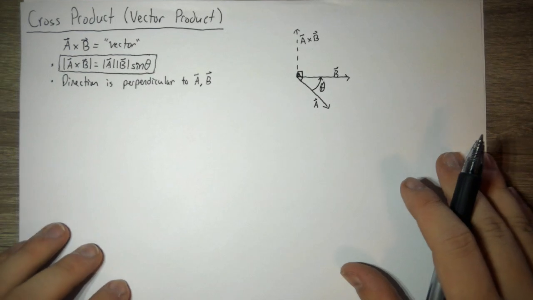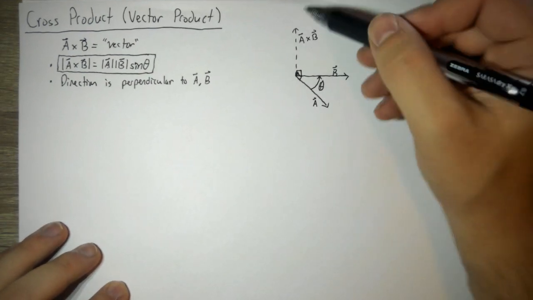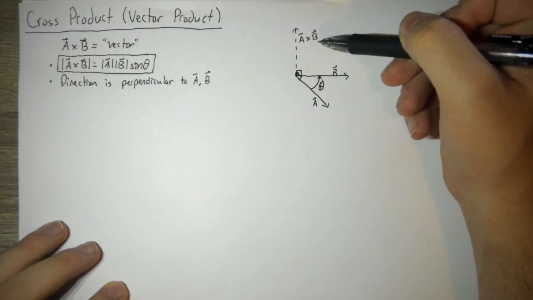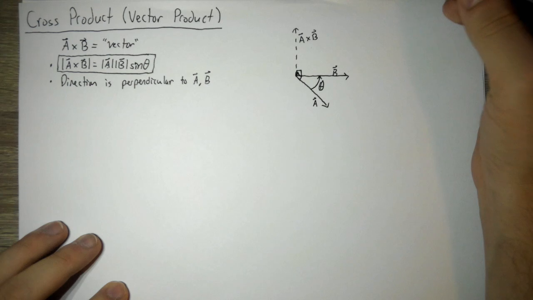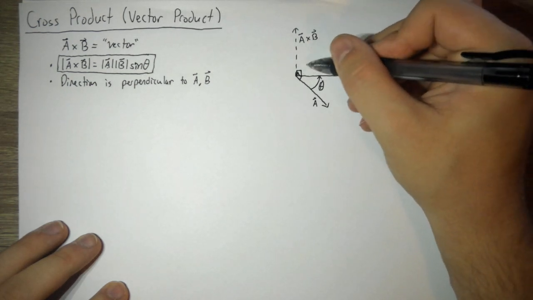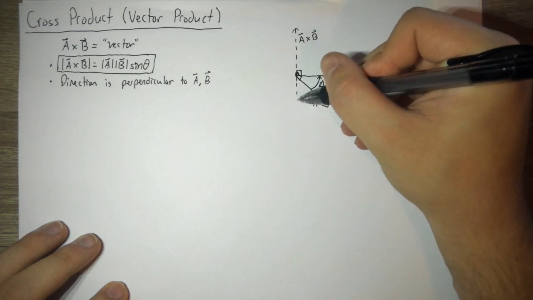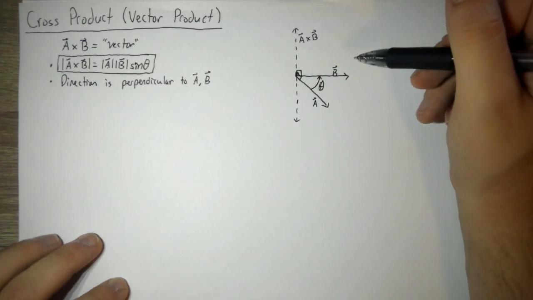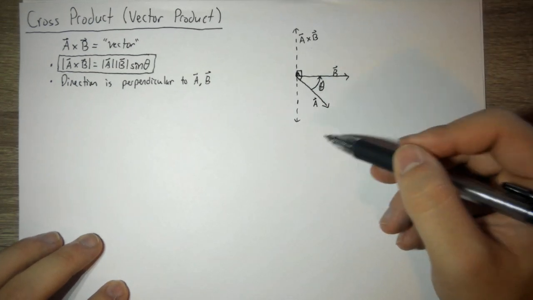One thing to notice is this vector is pointing upwards, and that's perpendicular, but some of you might wonder why the vector isn't pointing down, because that's also perpendicular. So how do we know if it should point up or down?